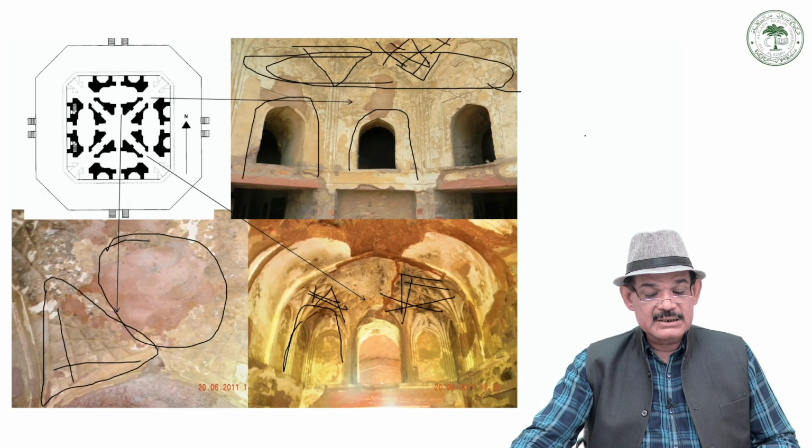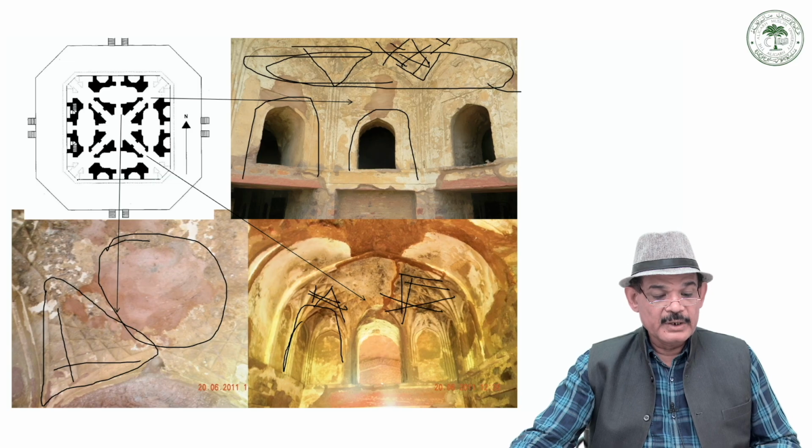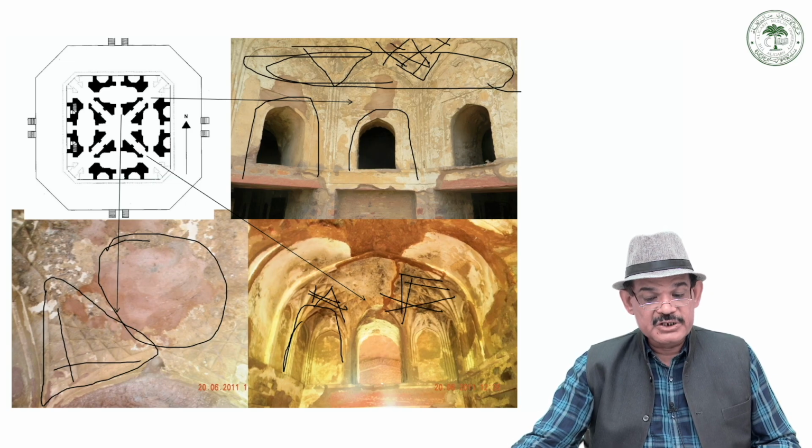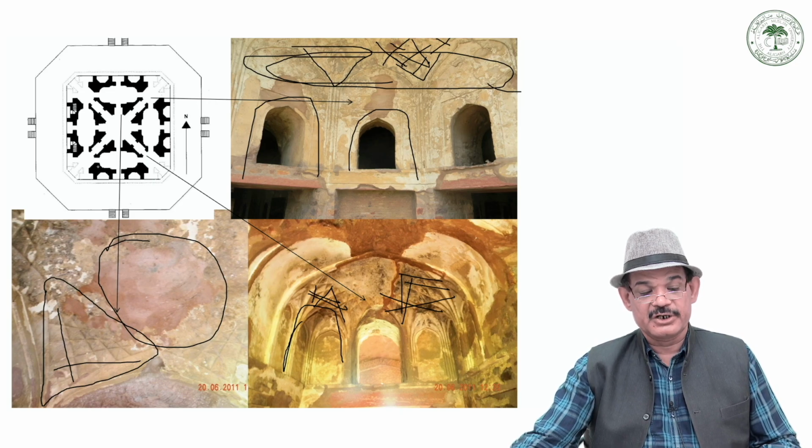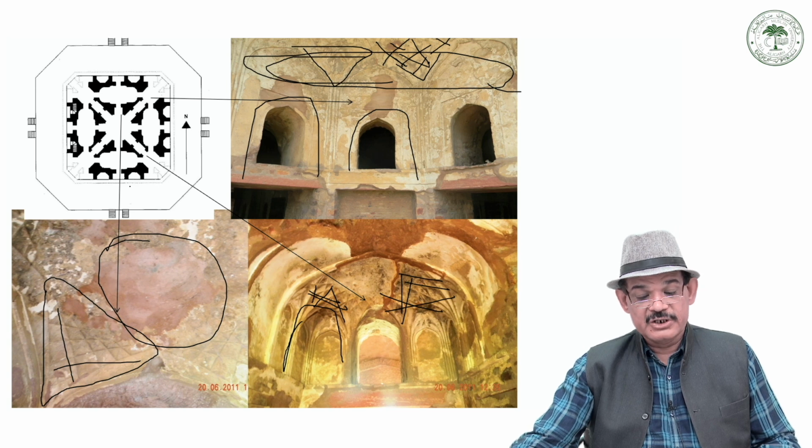From the architectural analysis and the analysis of the space organization, this building is a tomb building or maybe a pleasure palace. The whole structure is integrated with the body, and it was created with bricks.